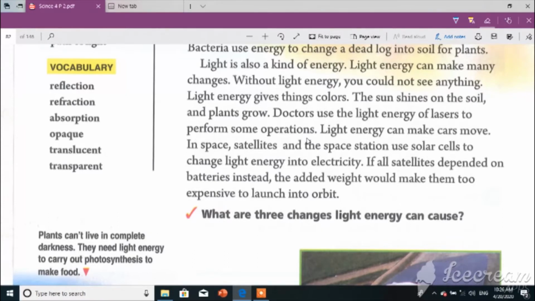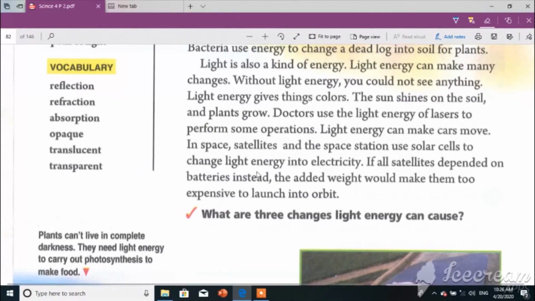Also, space satellites and the space station use solar cells to change light energy into electricity. If all satellites depended on batteries instead, the added weight would make them too expensive to launch into orbit. It's better to use solar cells to generate electricity.